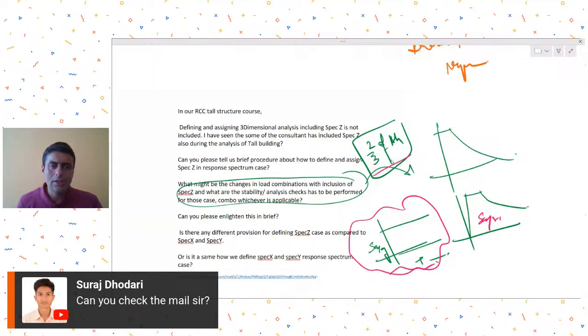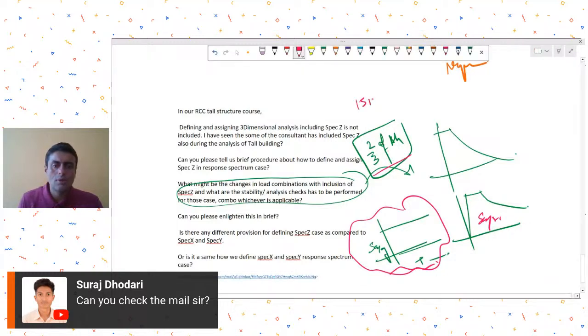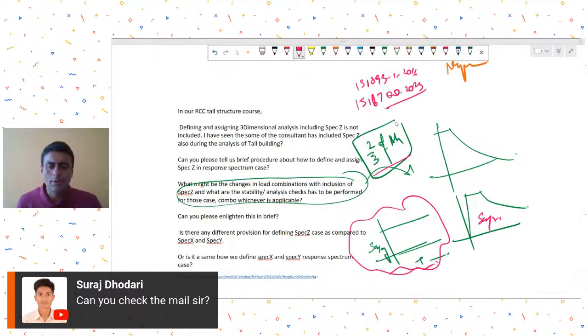For load combinations, your code has clearly given you how to include vertical earthquake. You can go to IS 1893, and your IS 16700 also directs you to 1893 for vertical earthquake load combinations.